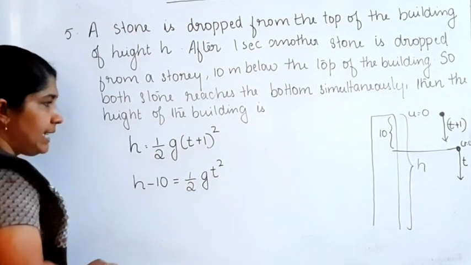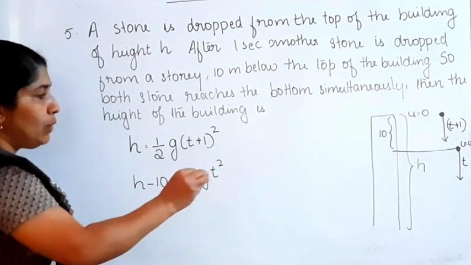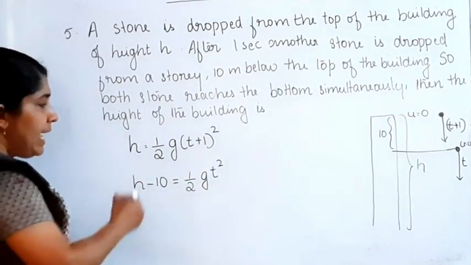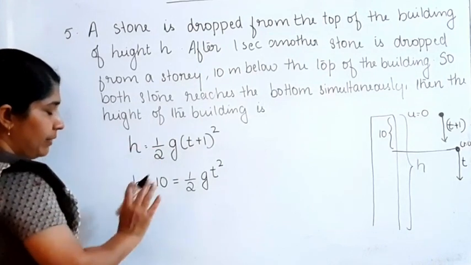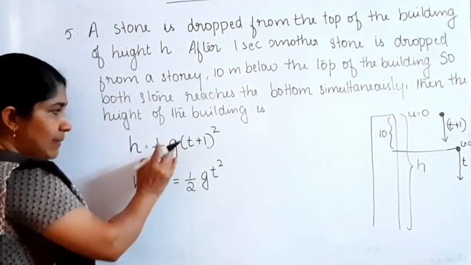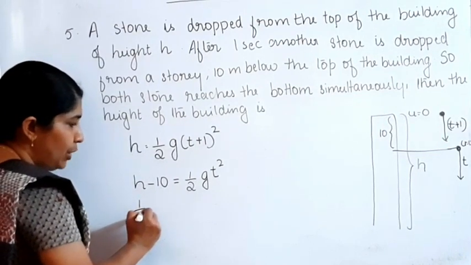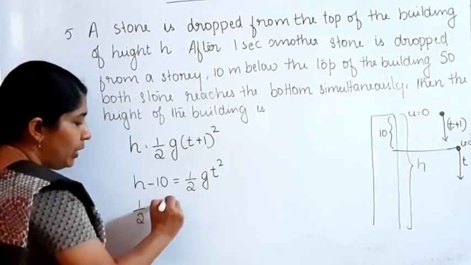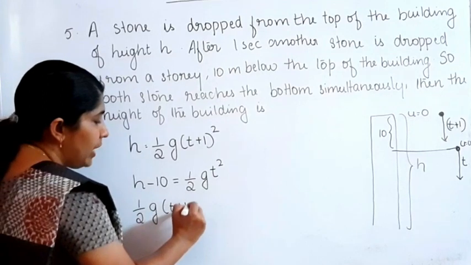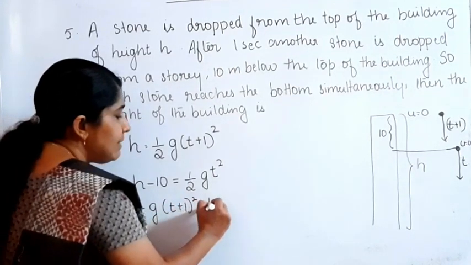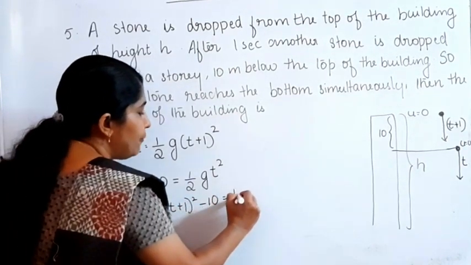Then on rearranging, we can find out the time. Now we are going to substitute the value of h in this equation. That is half into g into t plus 1 the whole square minus 10 equal to half gt square.